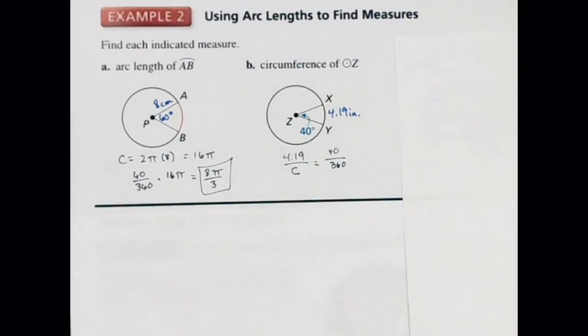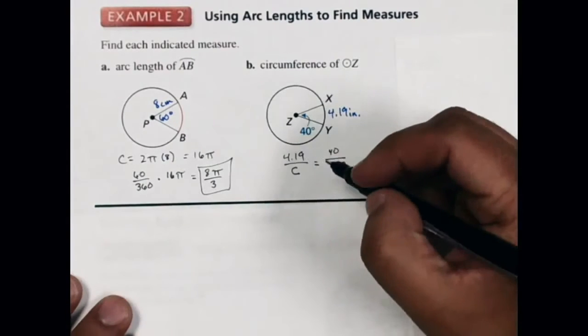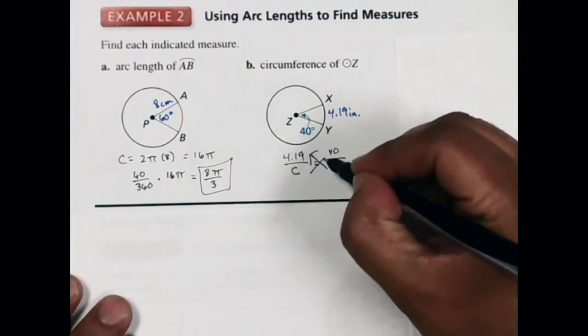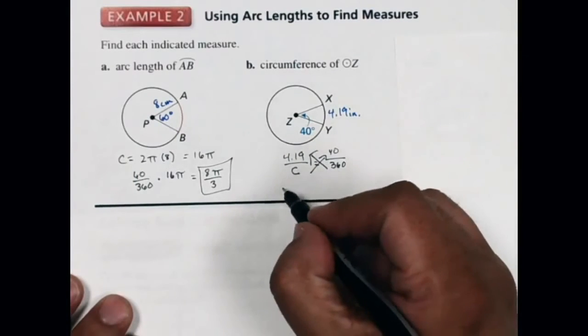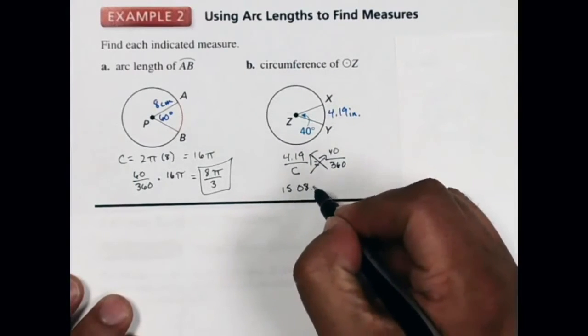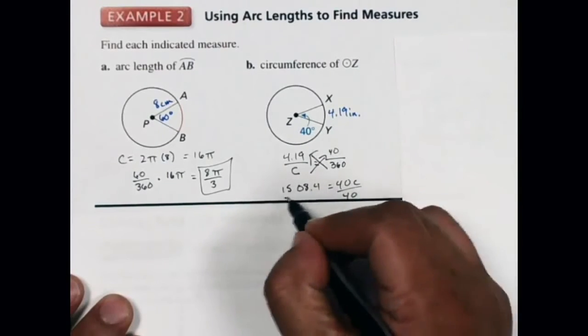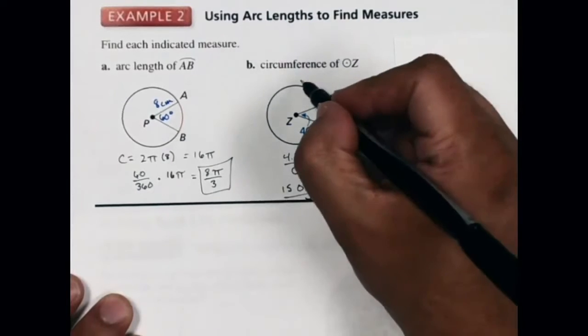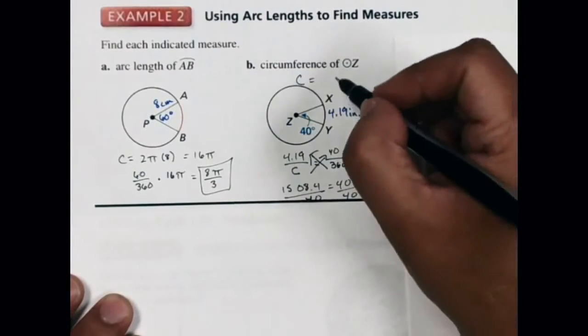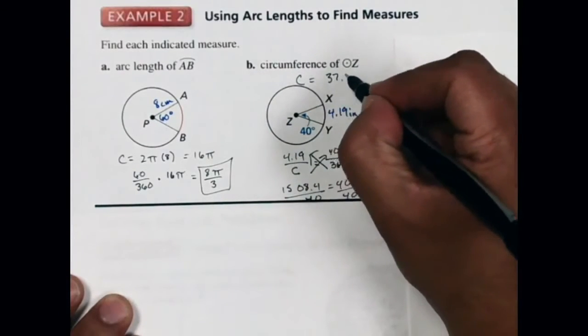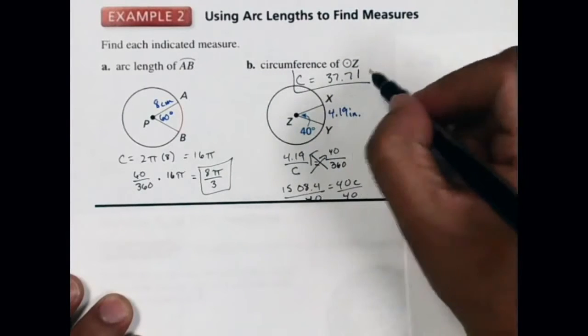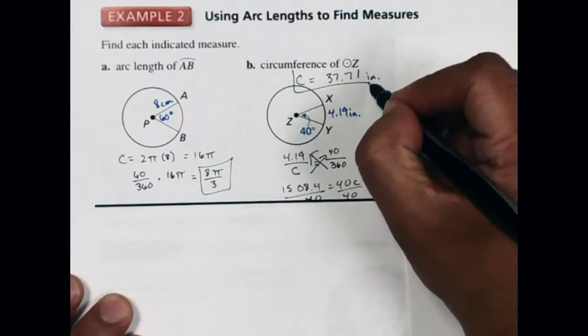If I cross multiply, I get 1508.4 is equal to 40c. If I divide by 40, that gives me the circumference. So my circumference ends up being 37.71. We're dealing with inches, so that would be inches.